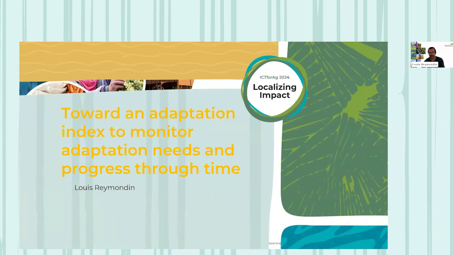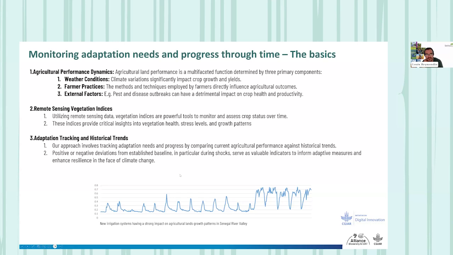So yeah, I'm going to present quickly how to use remote sensing and AI to try to move toward an adaptation index to monitor adaptation needs and progress through time. So first, to be able to do this, we need some sort of model, or we need to define what we are going to look at and how we're going to look at it.